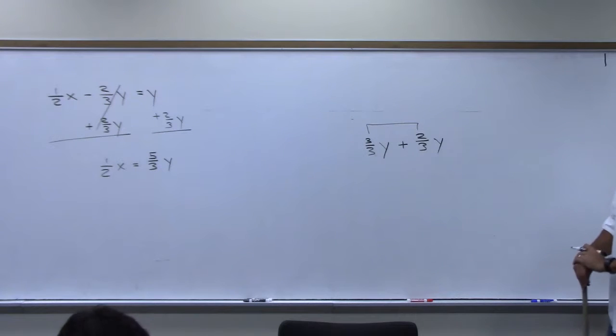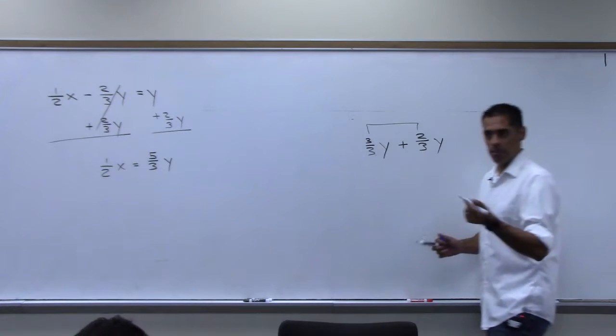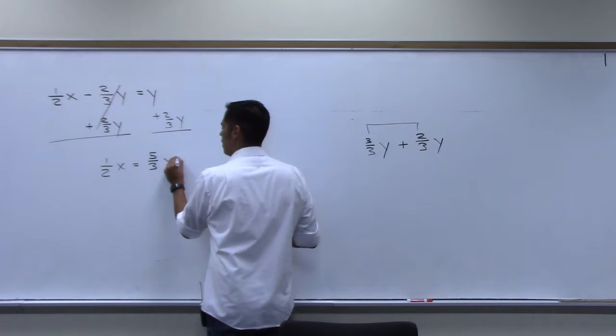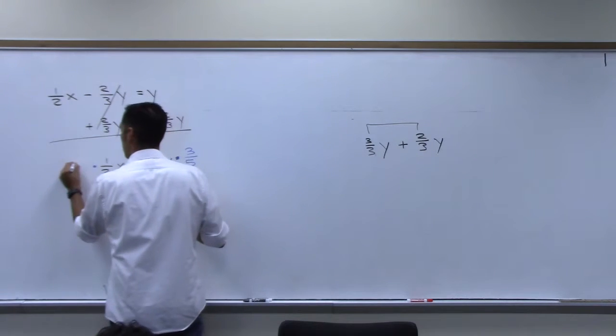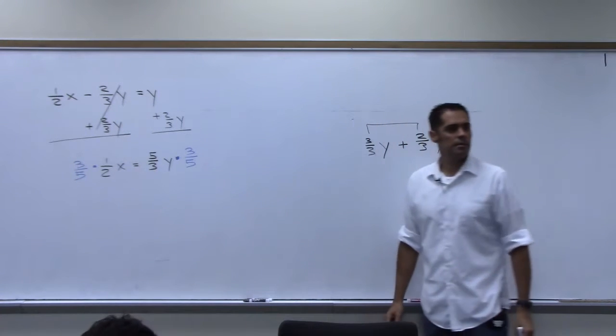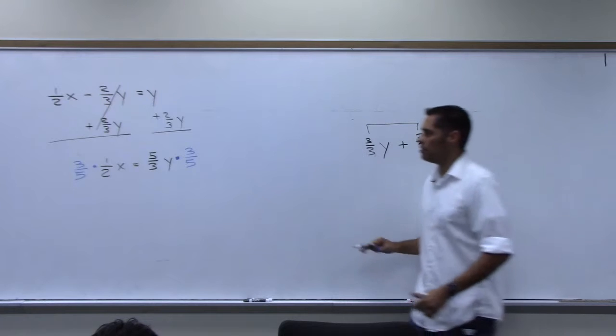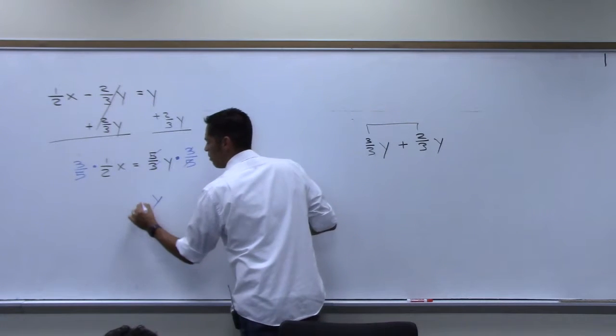And we still don't have y solved for yet because it has a 5/3 in front of it. So what would you like? Multiply by 3/5. I'm trying to get some of y'all to buy into this reciprocal thing instead of division because it's a lot cleaner. Multiply 3/5 on both sides. That would get these 3's to cancel, those 5's to cancel. That would leave you with just the y.